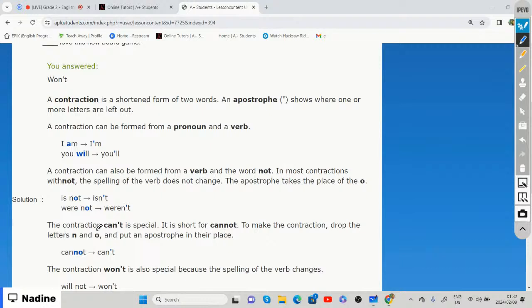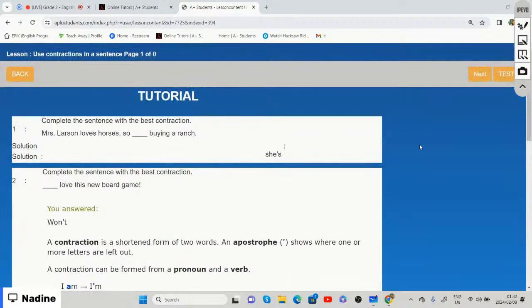So we break down. All right. So now let's go to our test, right? Remember, any other word that you leave out, you need to put an apostrophe in its place.